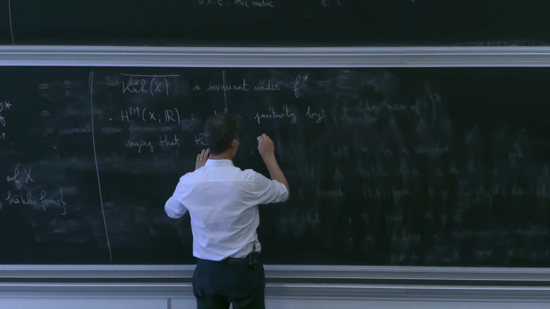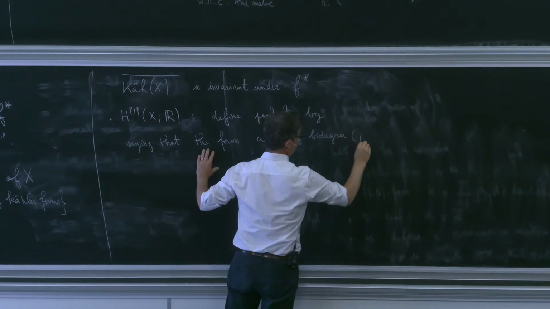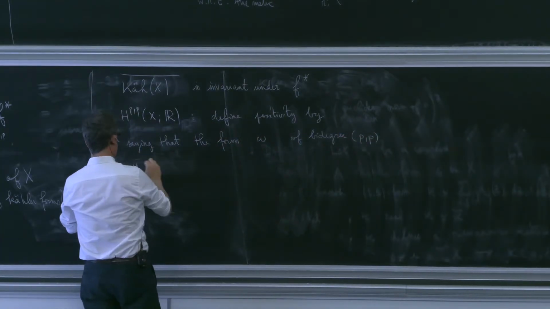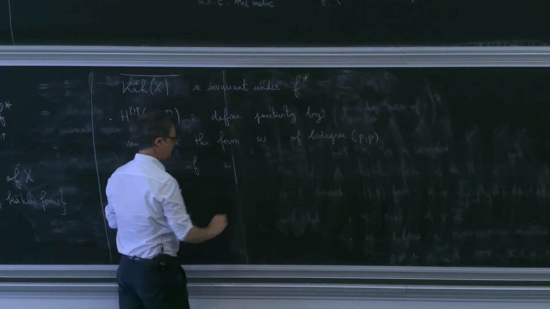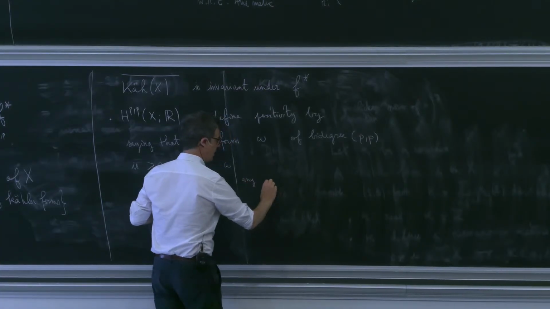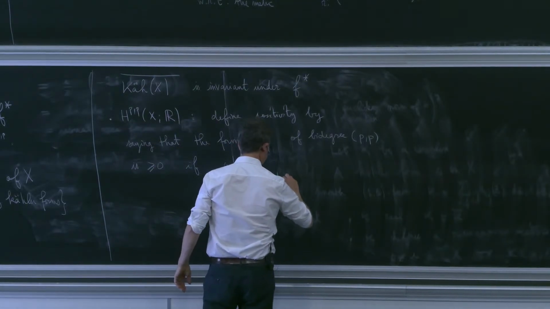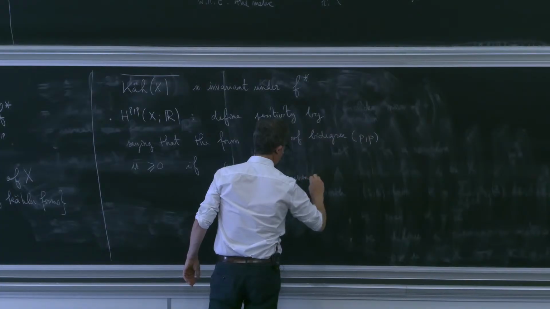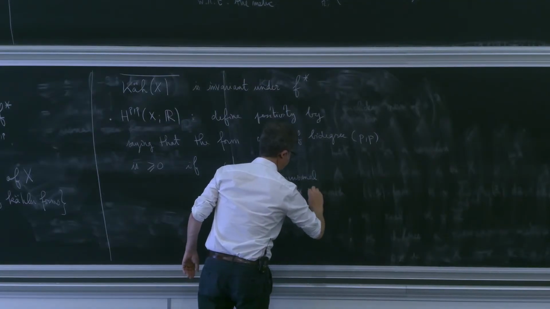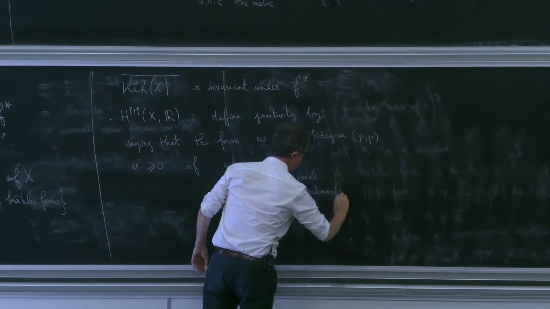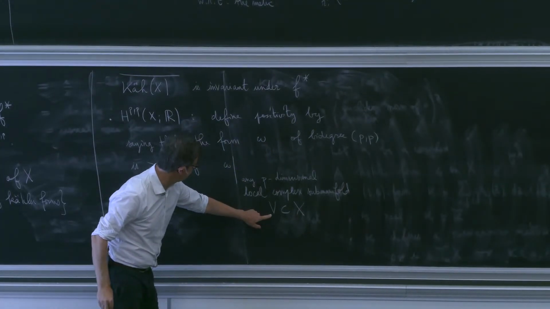The form omega of bidegree (p,p) is positive or non-negative if omega restricted to any p-dimensional local complex submanifold V in X, of complex dimension p, is positive.